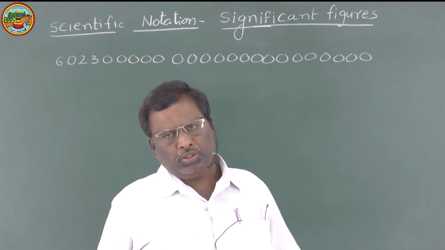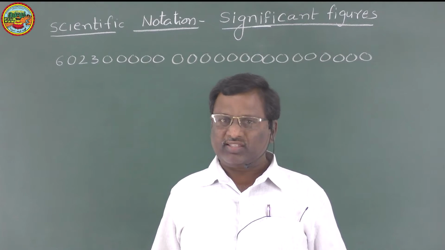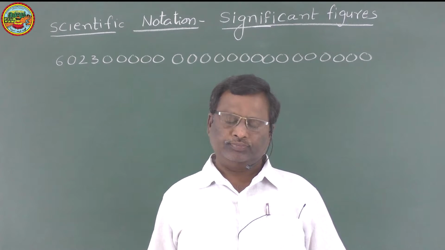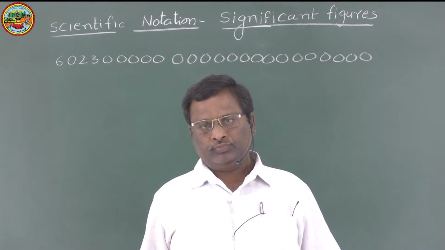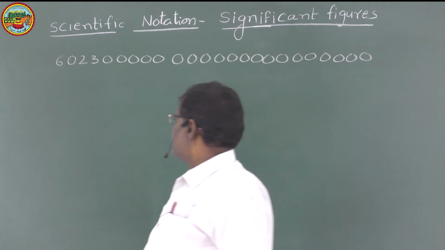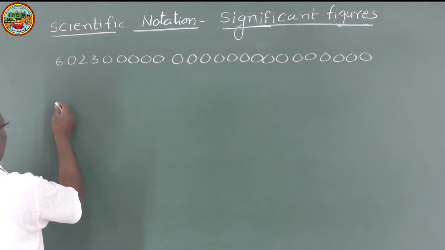We have to use this number in so many problems repeatedly. And we have a very small number which gives us the mass of an electron or mass of an atom. Suppose, for example, we want to express the mass of a hydrogen atom or mass of a proton.